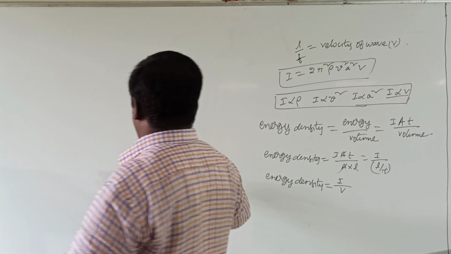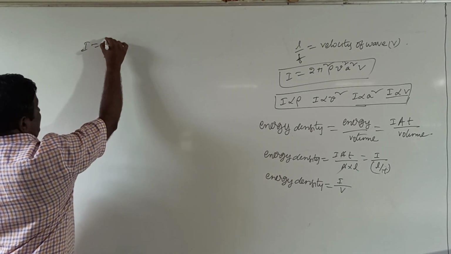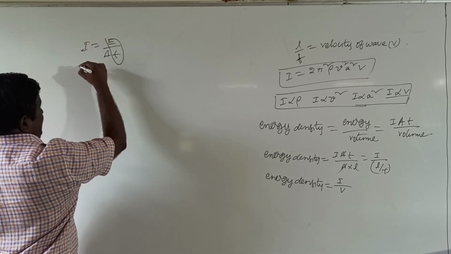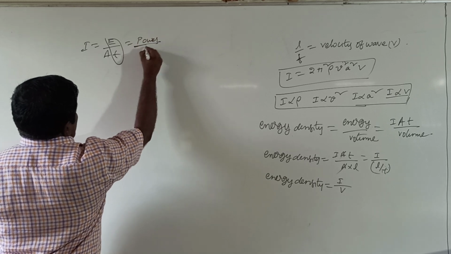The intensity of the wave I equals energy by area into time. Energy by time is called power, so power by area.